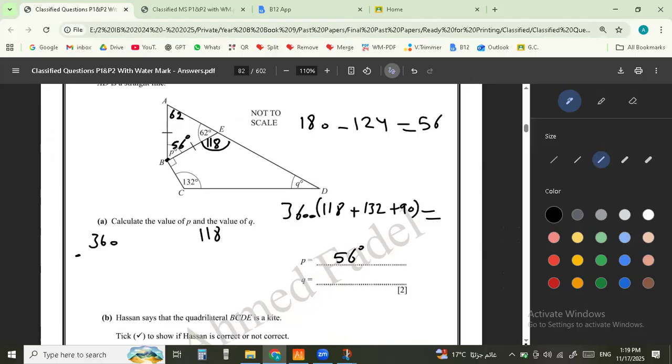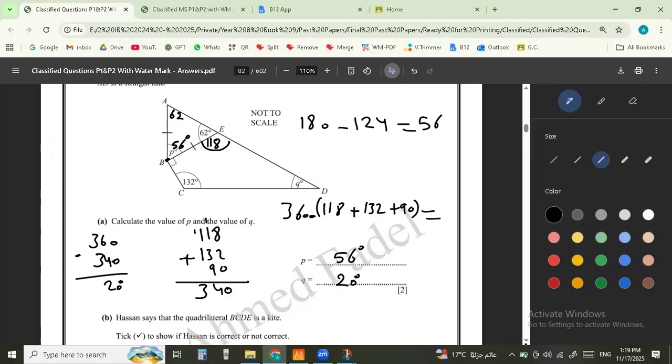But I prefer that you put them on top of each other to avoid any confusion and careless mistakes. Adding them up will lead you to 340 degrees. Subtracting the 340 from 360 is going to give you 20 degrees. So Q is 20 degrees exactly.